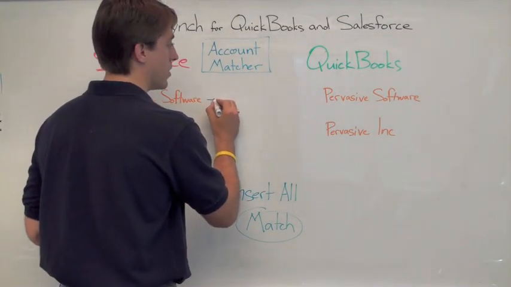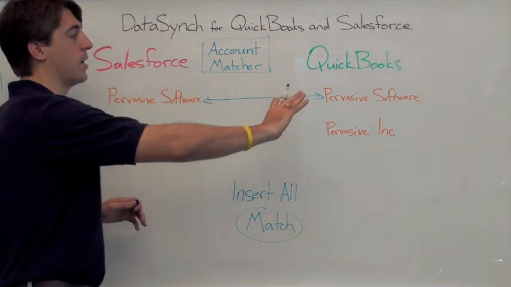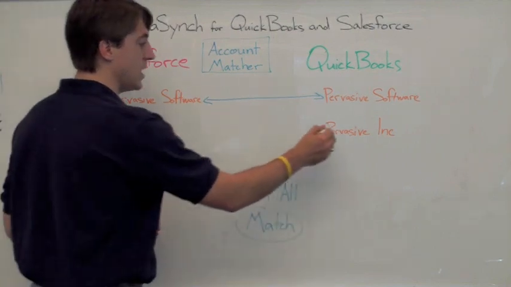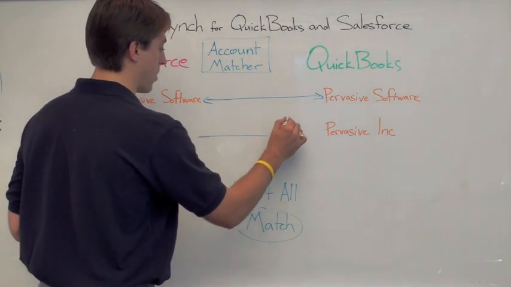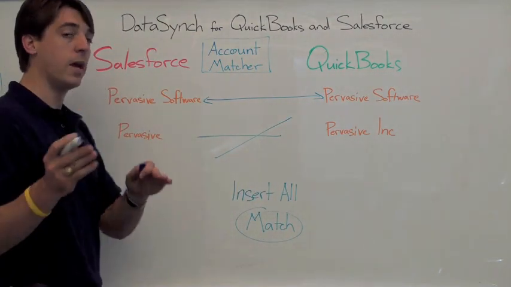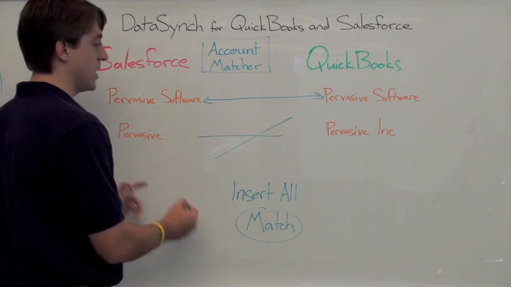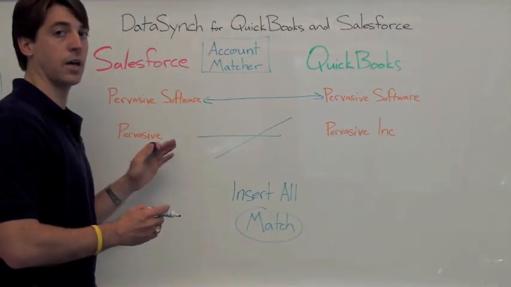So DataSync is going to go, okay, these from now on for the end of time are matched up. It's going to see these and it's going to say, okay, well, these are not the same. You may think they're the same, but according to DataSync, because it is not an exact match, it is not going to link up.